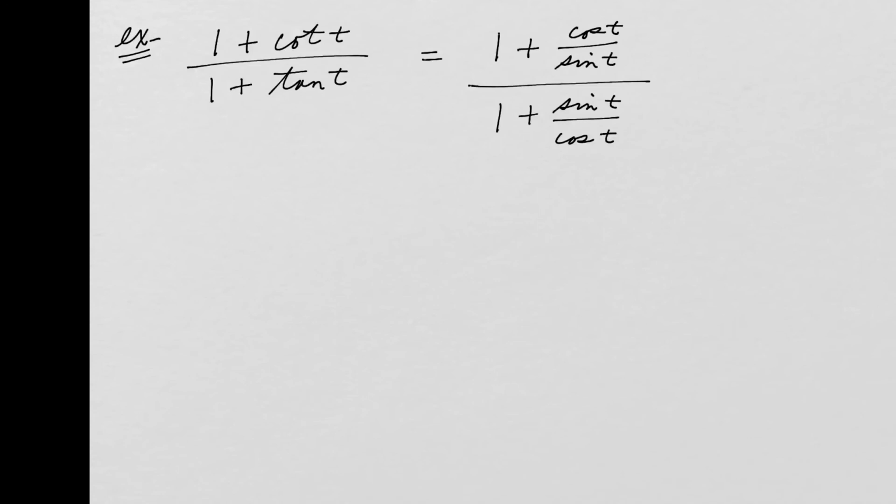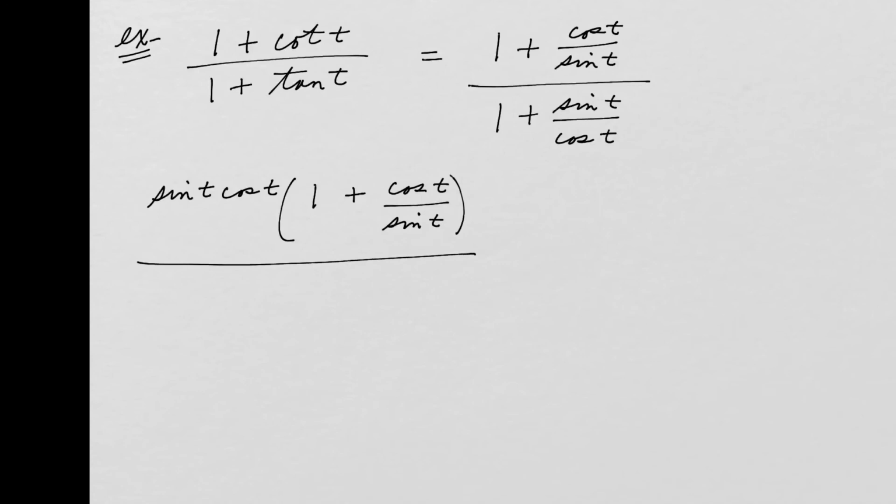Now again, I have this complex rational expression, and I want to simplify it. I can do that by multiplying everything by the lowest common denominator. In this case, the lowest common denominator is sine of t times cosine of t. So I multiply the numerator by sine of t cosine of t, and the same thing in the denominator.